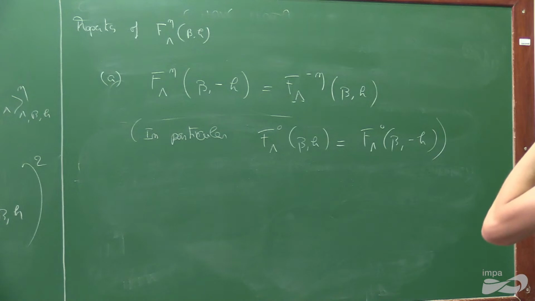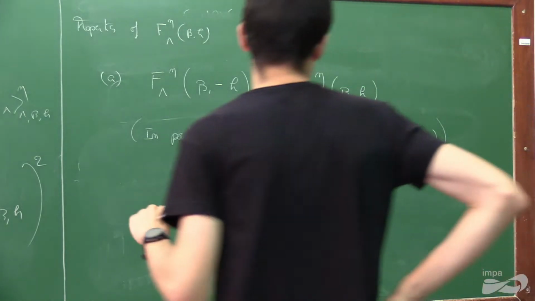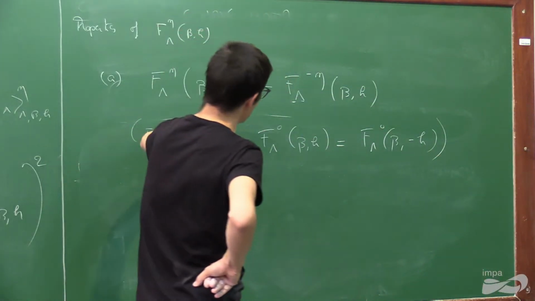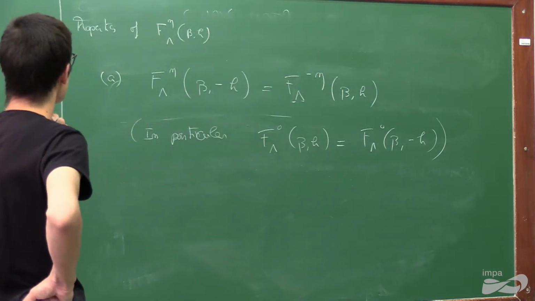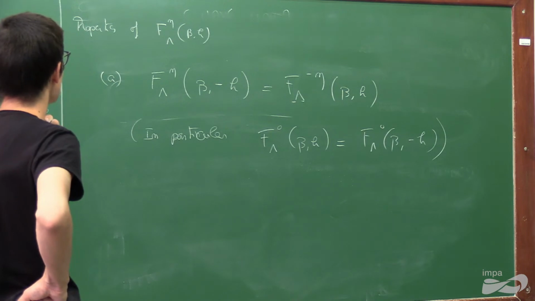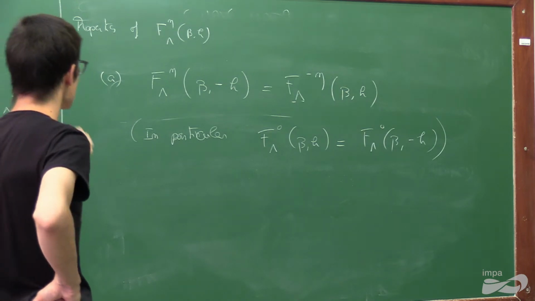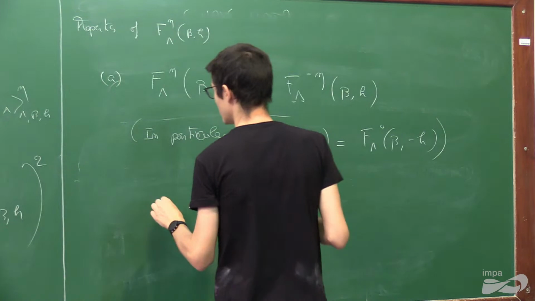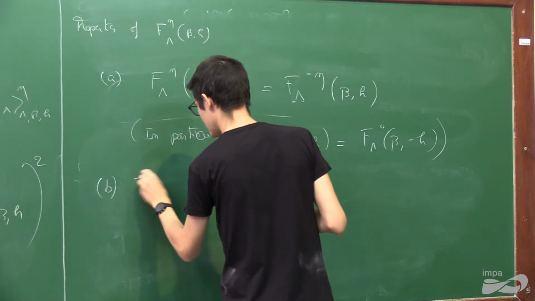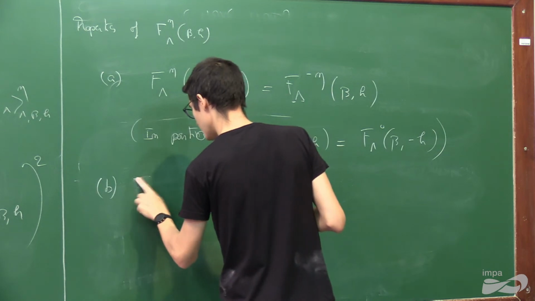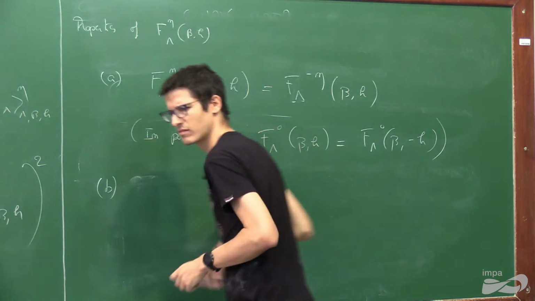I remember there were supposed to be three properties, but these are basically two in one. What's the other kind of symmetry that there can be?